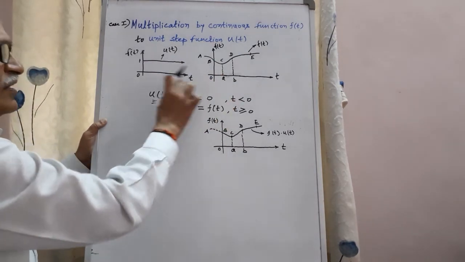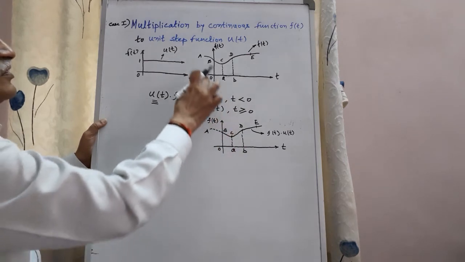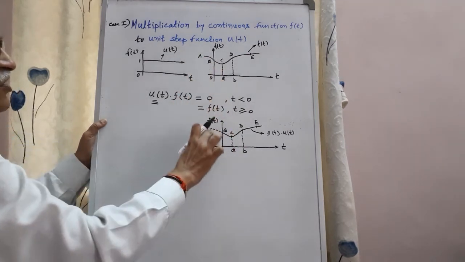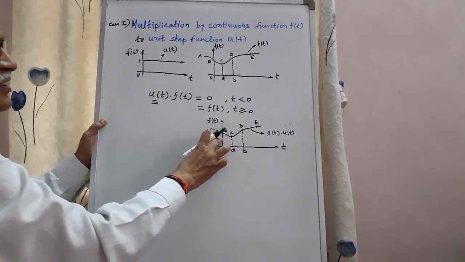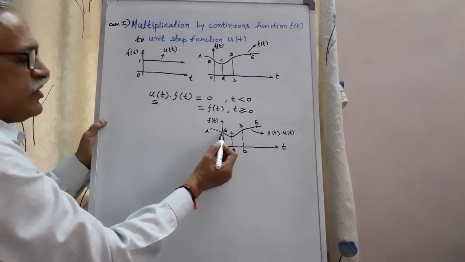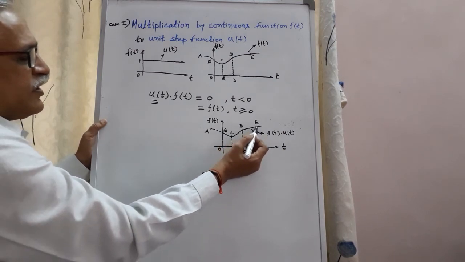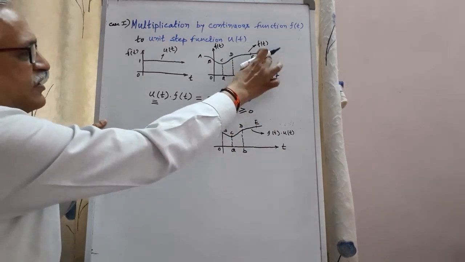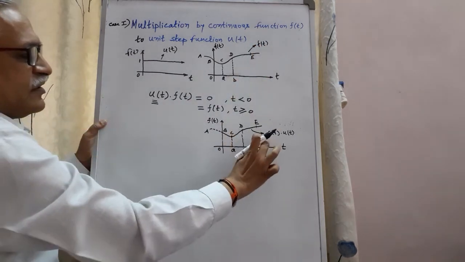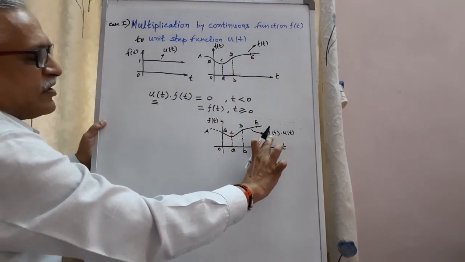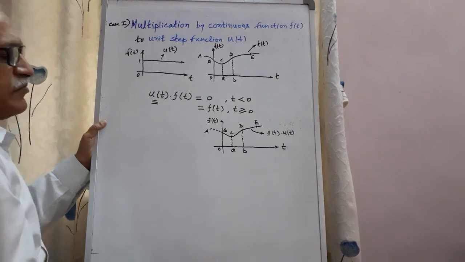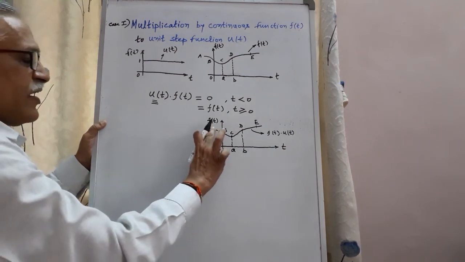Therefore, after multiplication of these two, this part vanishes or becomes 0. And therefore, from point B to point E, whatever that portion of the graph of f of t, that represents a product f of t into u of t. Therefore, this part vanishes.